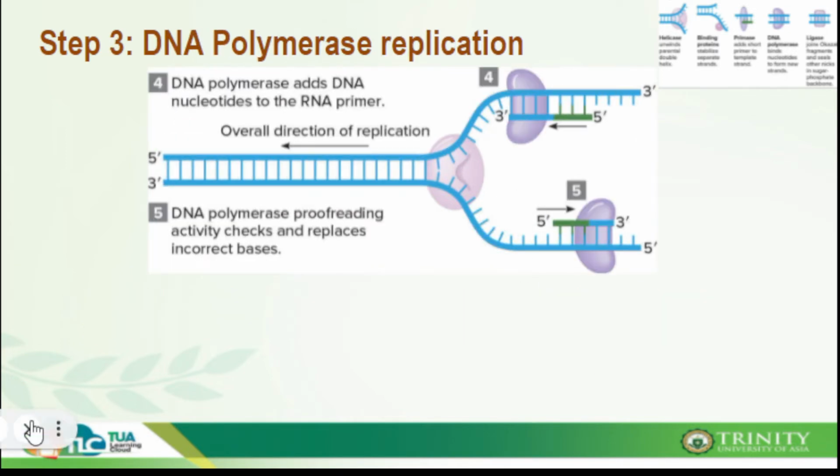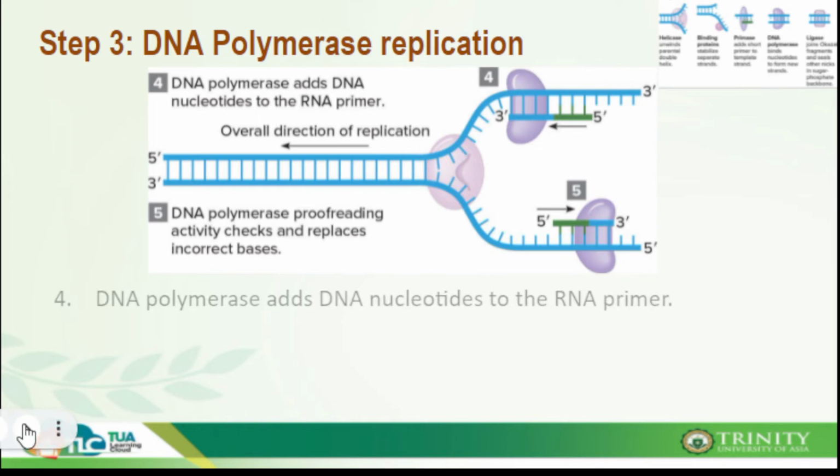Next, step 3 is DNA polymerase replication. So as mentioned, primase will just initiate the formation of your RNA strand, but it will be DNA polymerase which adds nucleotides to the RNA primer. Basically speaking, the DNA polymerase is the one that elongates that RNA strand, which will eventually become part of your DNA.